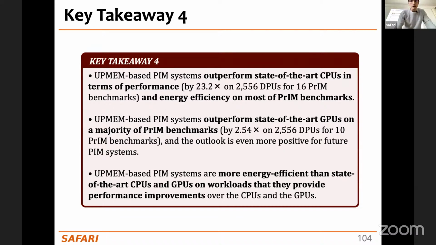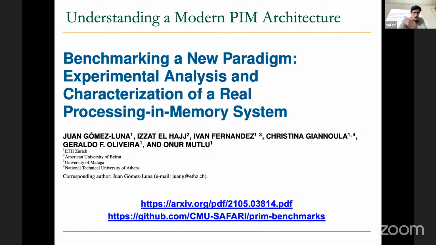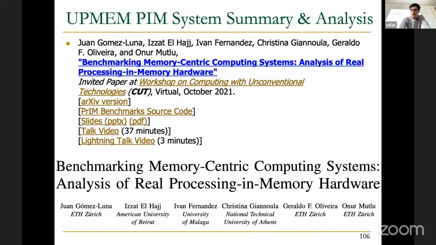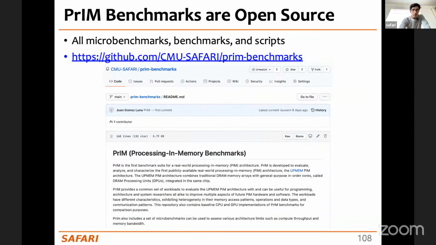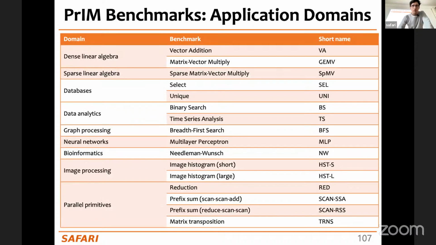Whenever the PIM system is able to outperform the CPU or the GPU, it is also more energy efficient. You can learn much more by reading the long paper, or this shorter version of the paper. And you can access all our workloads, benchmarks, and microbenchmarks from the public repository. This is the entire list of workloads, some of which I mentioned earlier when analyzing the results.